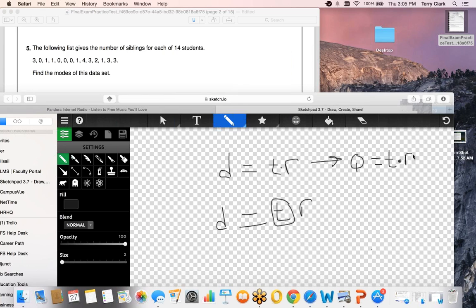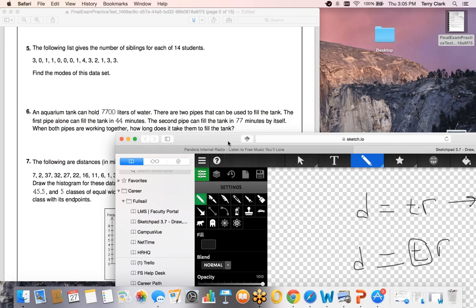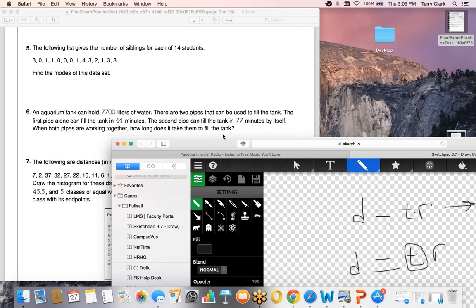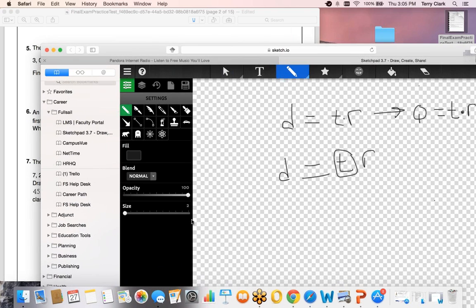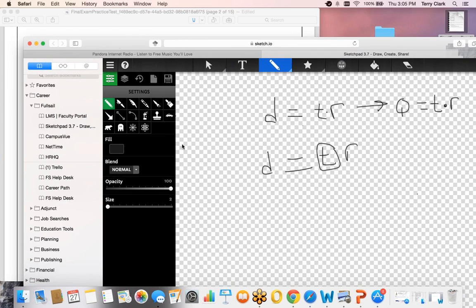It's the same concept. You multiply the time and the rate, and it gives you the quantity, which is the volume of water in this case, which is liters. So the quantity, which is the same as the distance, is going to be 7,700.